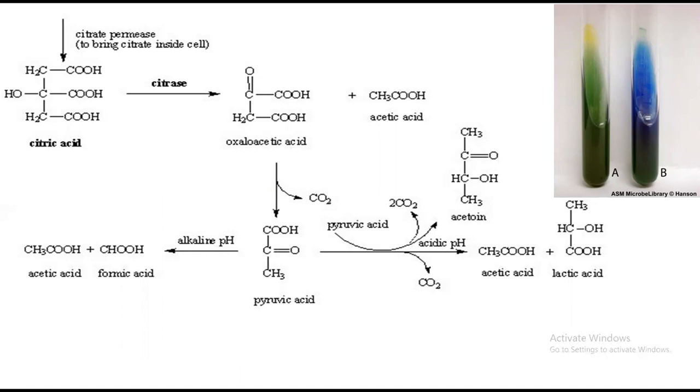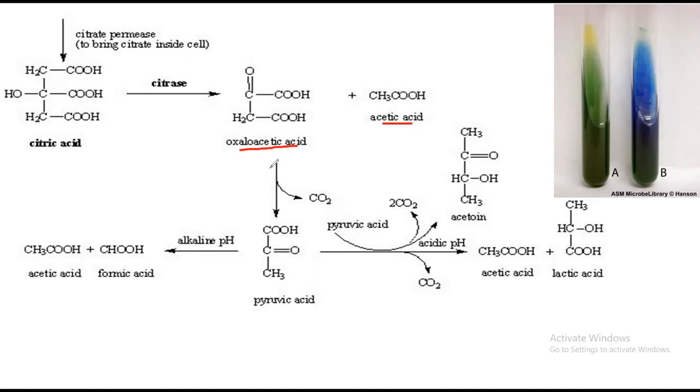It will take the citrate that is present in the media, and by the action of citrate permease, the citrate will go inside the bacteria. After that, by the action of the citrate enzyme, it will metabolize that citrate. First it will be converted into oxaloacetic acid, and acetic acid will also be produced as a byproduct.